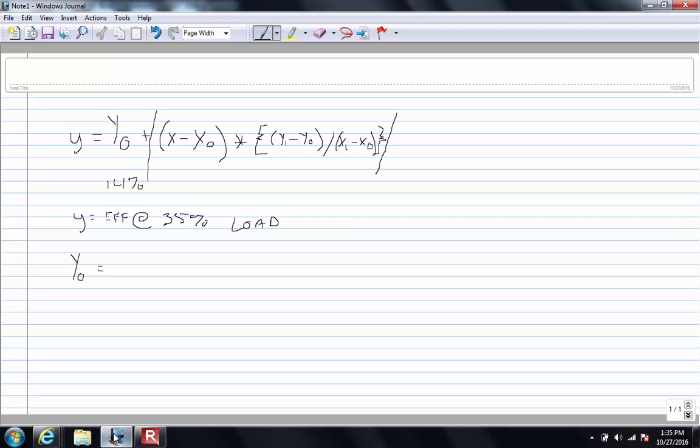Y0 is this line that we drew across where 25% load meets up with our 90% concentration of propane. Maybe not the perfect exact number. We're also kind of estimating on this a little bit, but we can use a ruler and say, yep, that's pretty close to 14. So we're going to use 14 as our value for Y0.